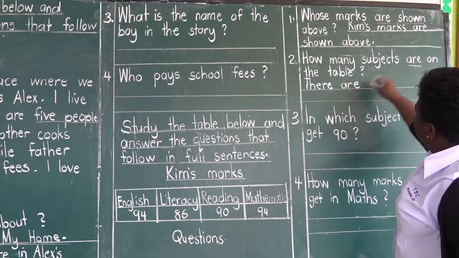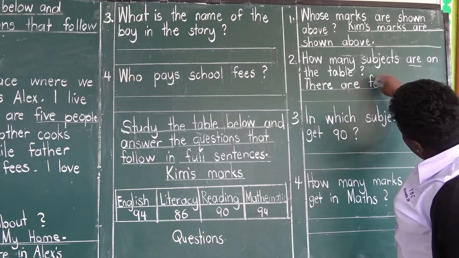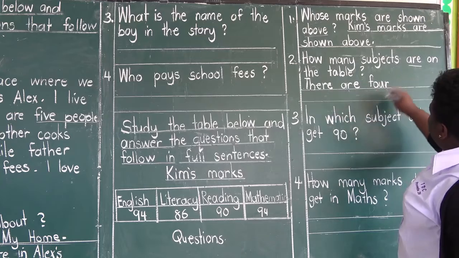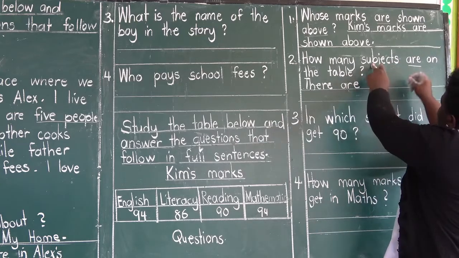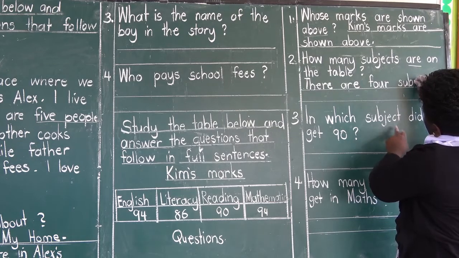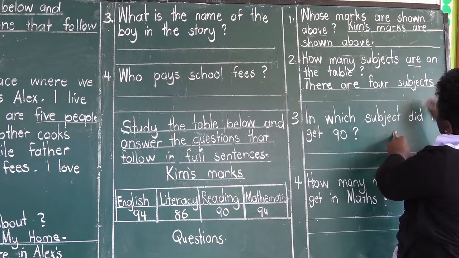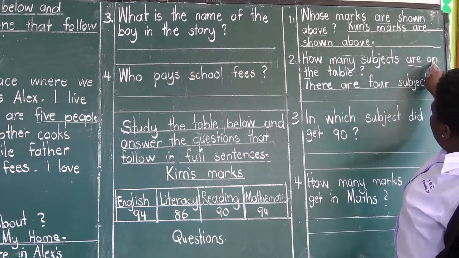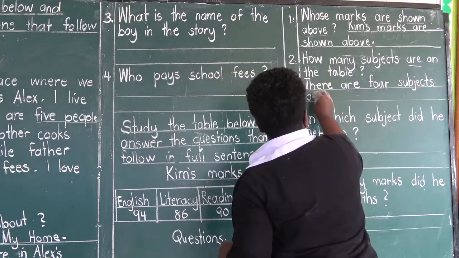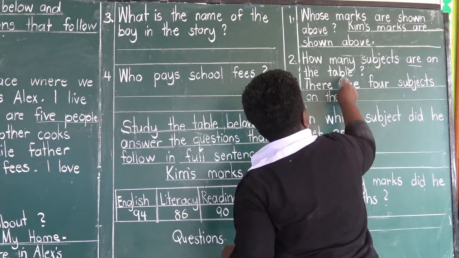There are 4 in words. The word 4, F-O-U-R. There are 4 subjects. The word subject is there. There are 4 subjects on the table.